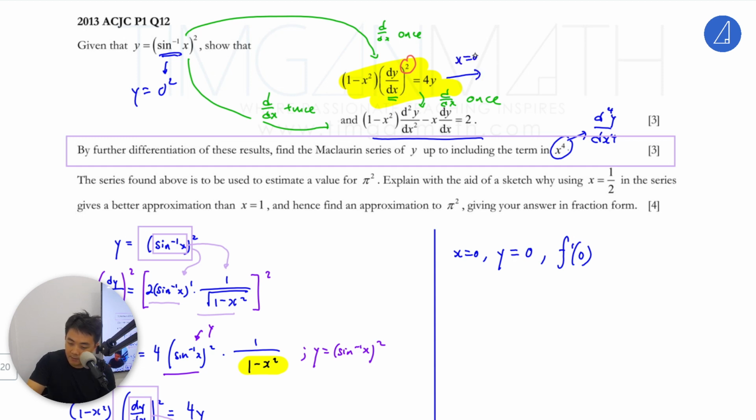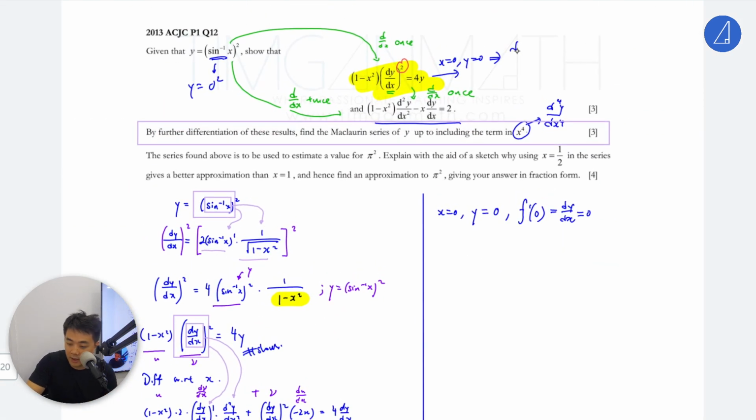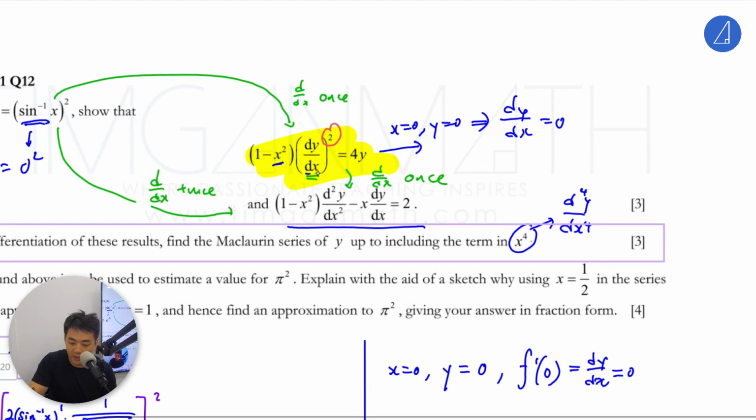When x is 0, y is 0, dy dx is how much? 0 also. So everything you want to find is all here. Just eyeball. You substitute x is 0, y is 0 ma.